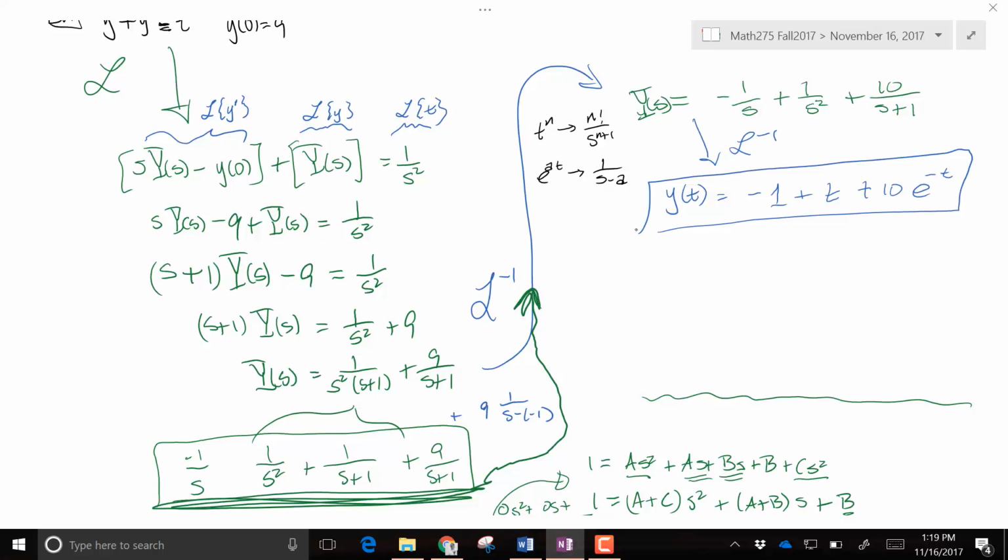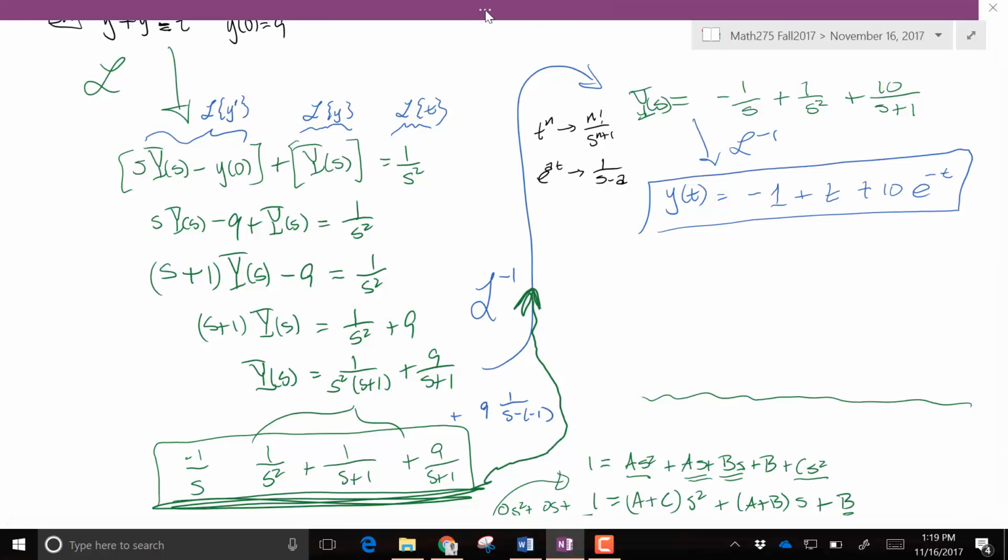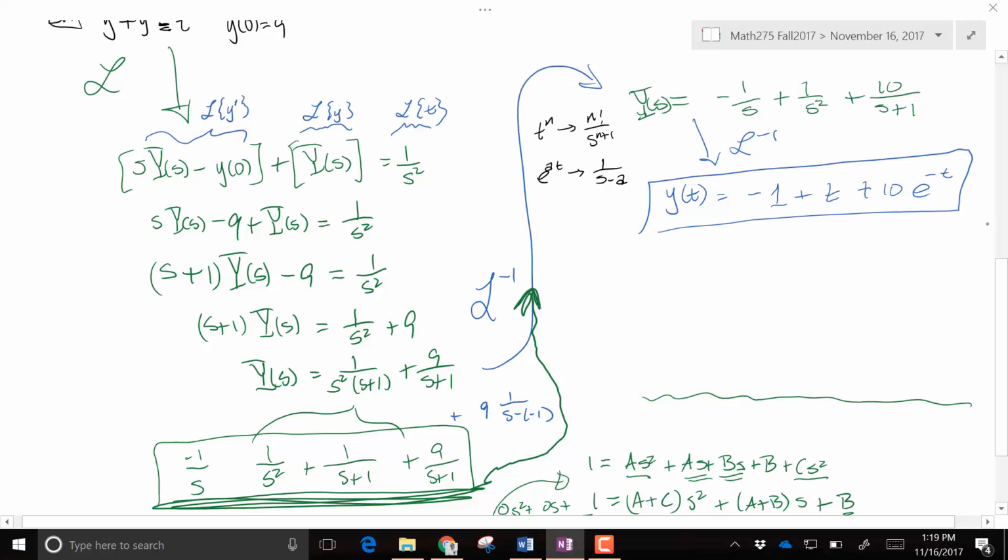So let's brush up on our integrating factors, which you'll need to know for the final exam. That's the most basic, aside from the separable differential equations, which you can do in Calc 2. Integrating factors is like the first real process that we're doing in differential equations, and you got to know how to do that. So this is our differential equation, y prime plus y equals t.